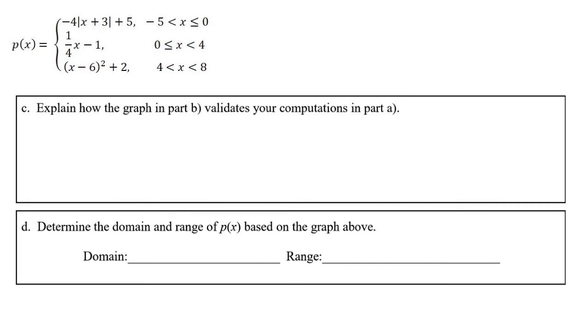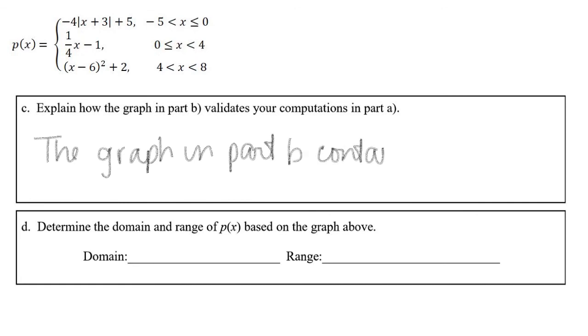All right, and now part C of your free response question asks you to explain how the graph in part B validates your answers in part A. And so the best way to say that would be that the graph in part B contains the points in part A. Very straightforward.